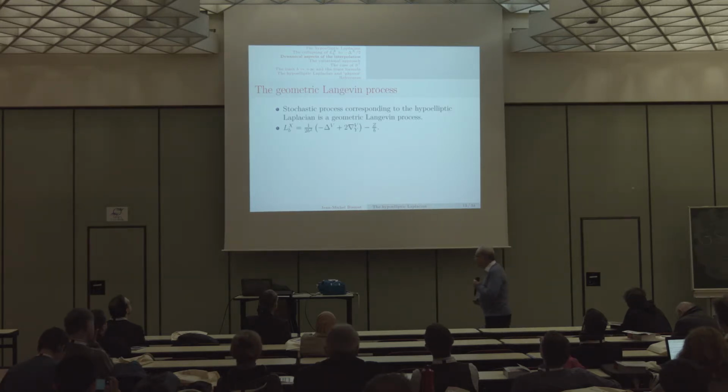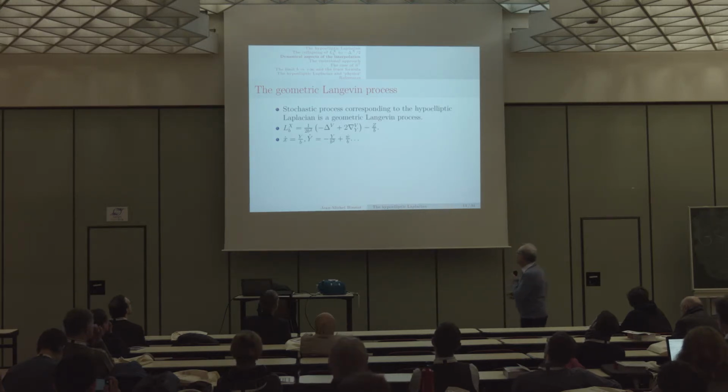Indeed, I rewrote this hypoelliptic operator LBX in a slightly different form by conjugating it by the Gaussian function, so that instead of having the potential y squared minus n, you have now twice radial differentiation in the vertical direction. And so it is well known that for a second order operator, there is a corresponding stochastic differential equation.